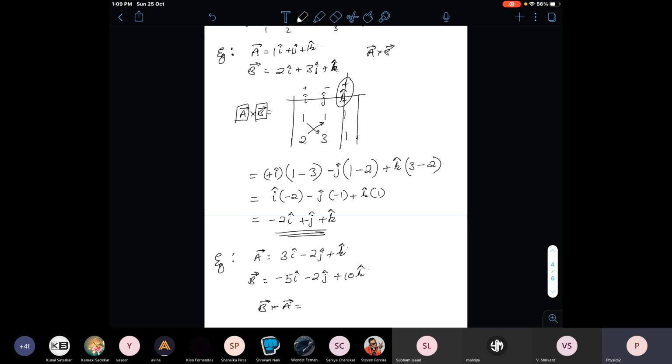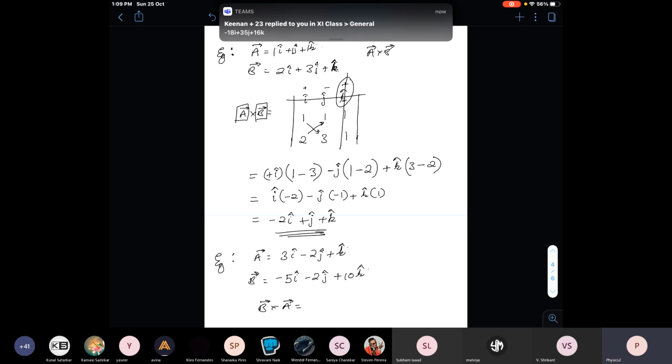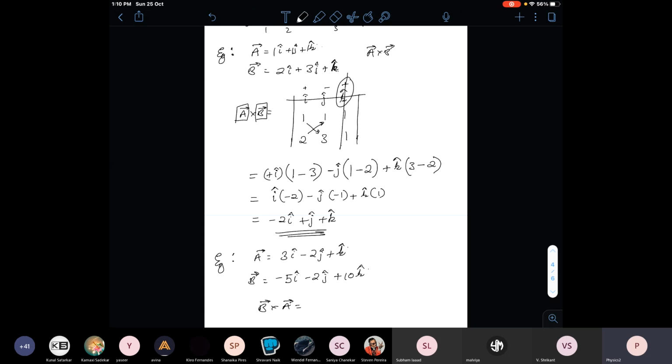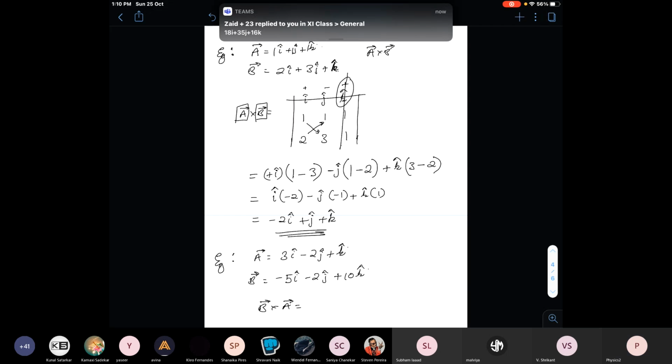Still not correct. Yes, this is the correct answer. Rucha is correct. Plus 18, plus 35, plus 16 should be the answer. Check your signs.